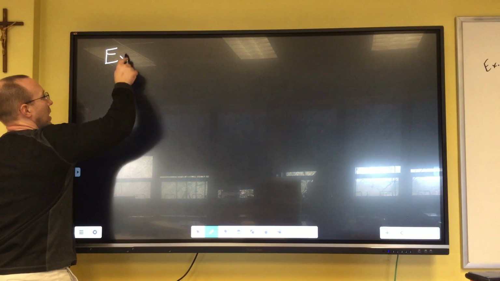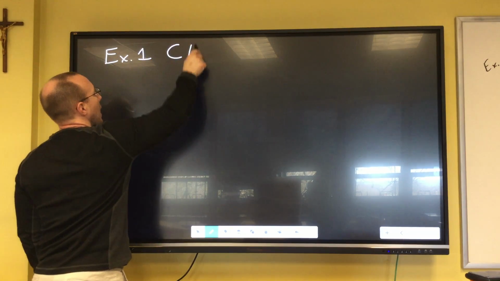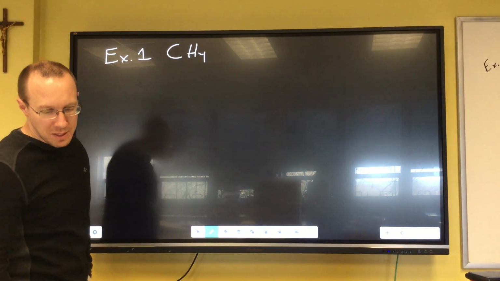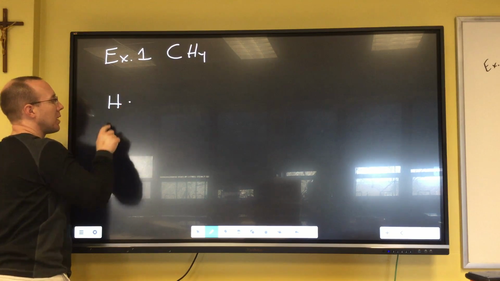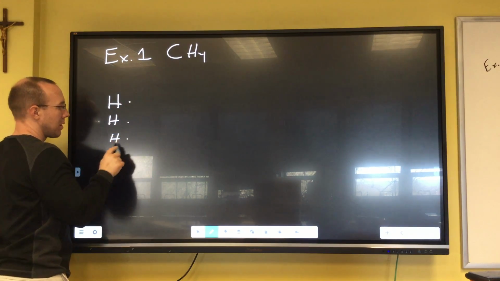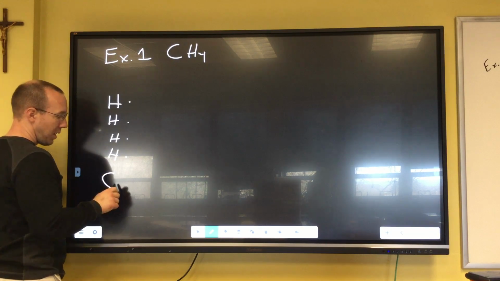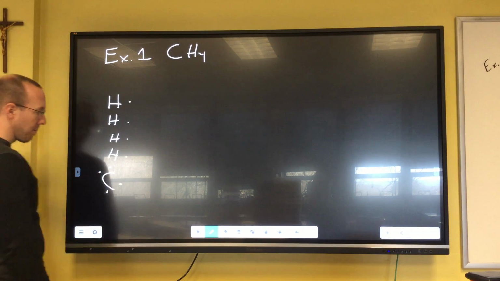in this second set is CH3. Already looks a little bit difficult, all right, compared to the old ones. So 1, 2, 3, 4 hydrogens, and then a carbon. 1, 2, 3, 4.